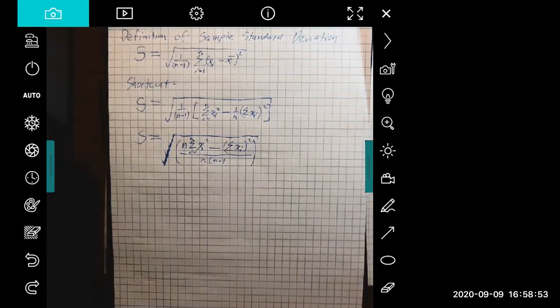All right, so there's a shortcut formula for your sample standard deviation, and I'll put in a separate video how you can use that for an example.